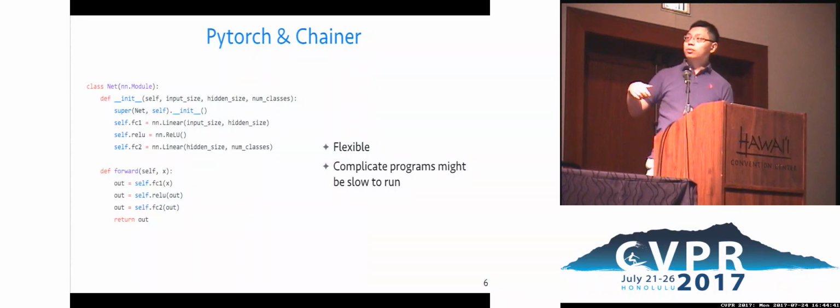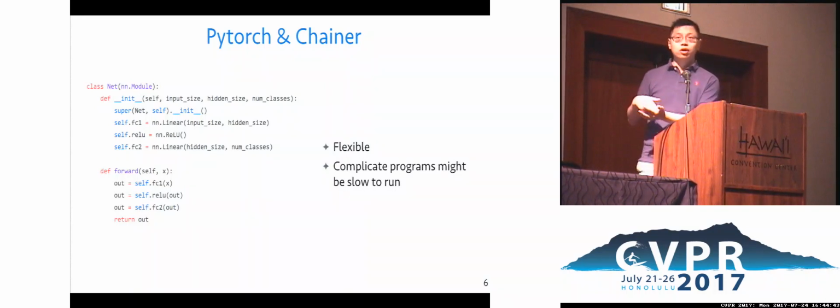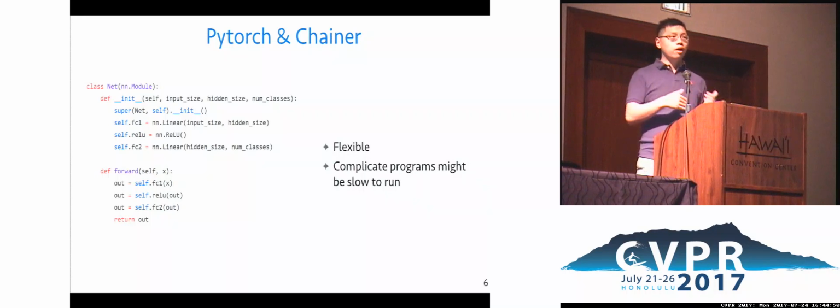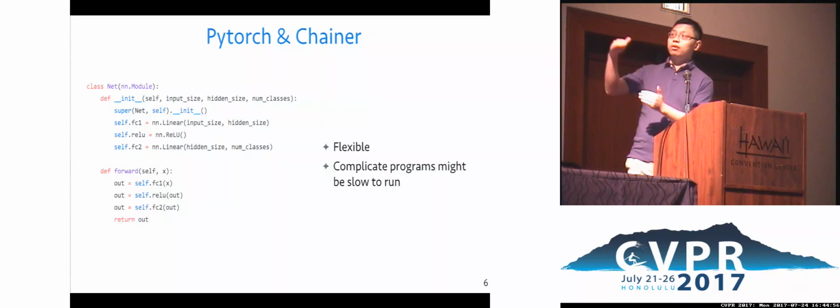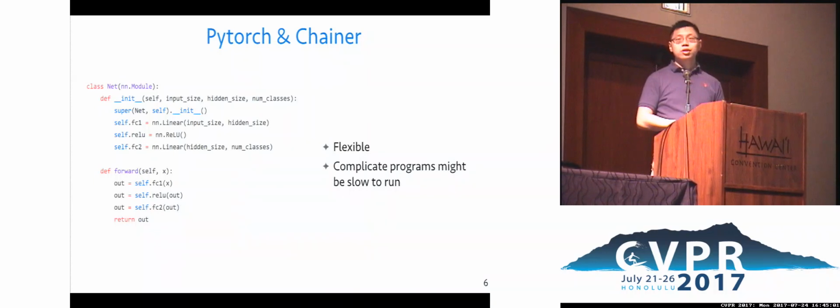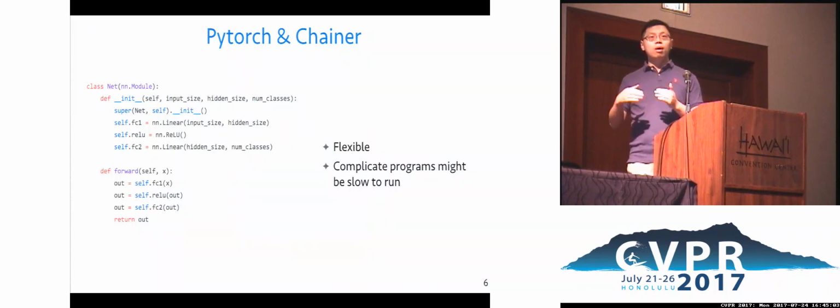So if you want to do more fancy stuff in the forward function, you can do that here. Even then, you can implement operators. You can use the low-level NDArray interface, because NDArray has auto-differentiation. You can use the NDArray interface to implement the operator, and then you can call this high-level operator later.